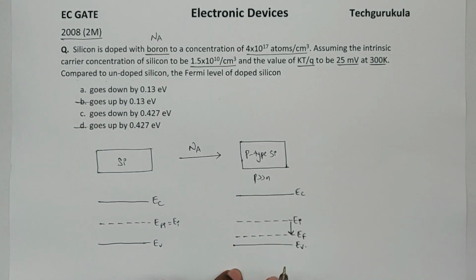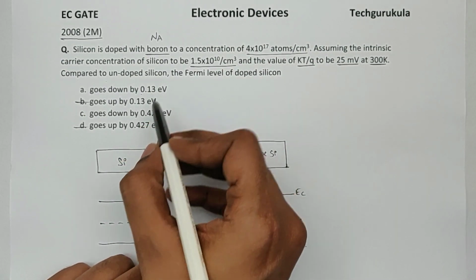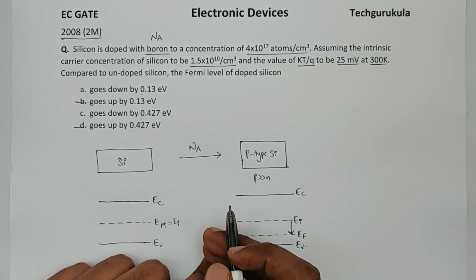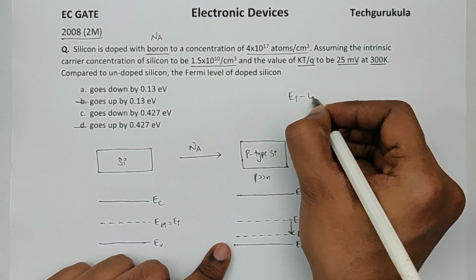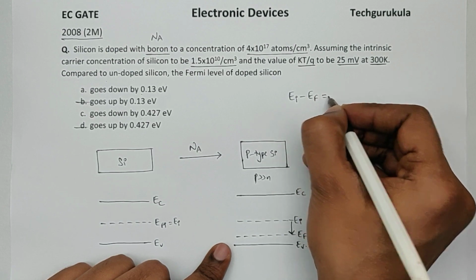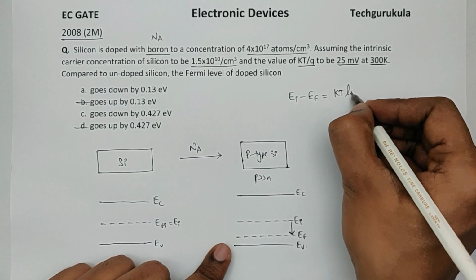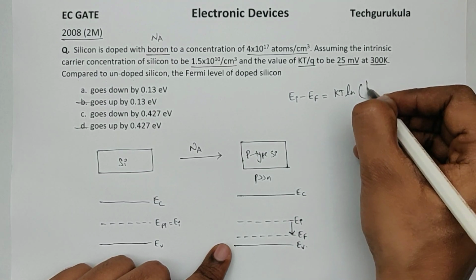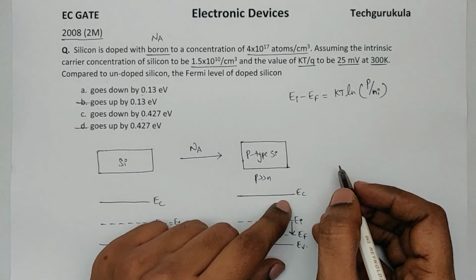In order to find the exact value, either it is 0.13 electron volt or 0.427 electron volt, we have an expression which gives the EI minus EF difference, which is given by kT ln of hole concentration over intrinsic carrier concentration.